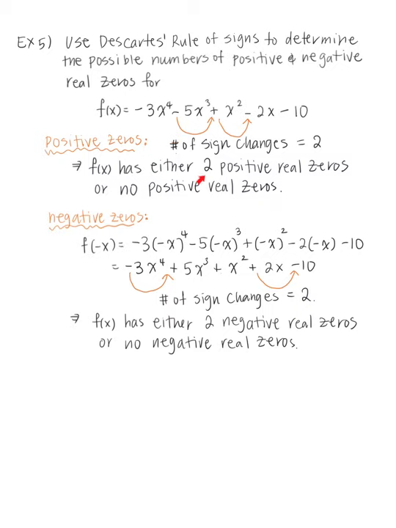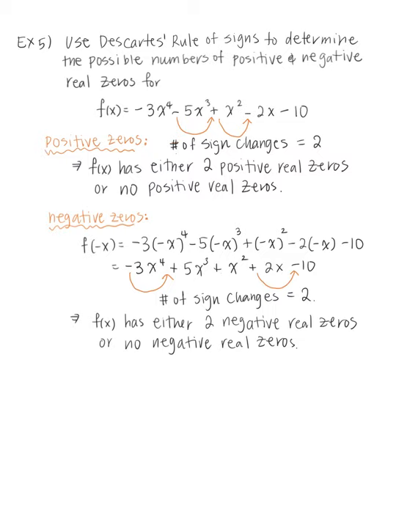So if we have 2 positive real zeros and 2 negative real zeros, all the zeros are going to be real numbers. However, it could be 2 positive real zeros and no negative real zeros, right? So that means what then? The other 2 zeros have to be complex numbers.